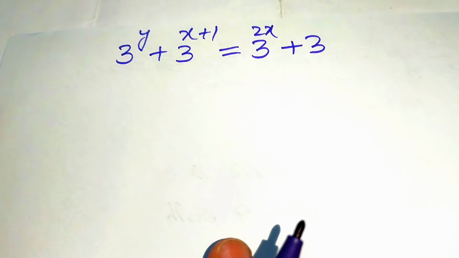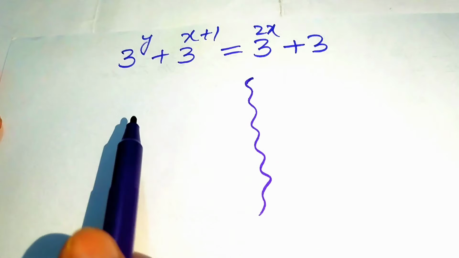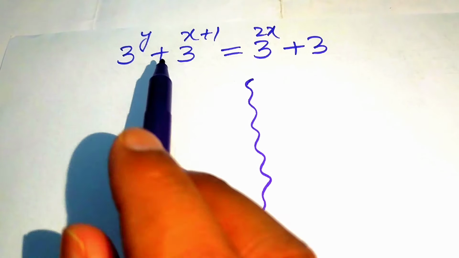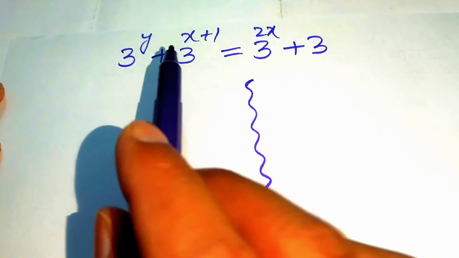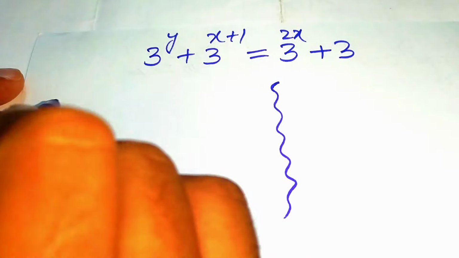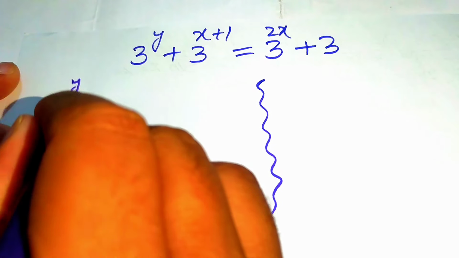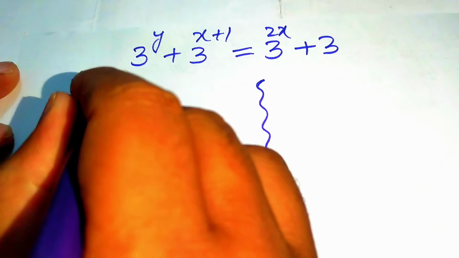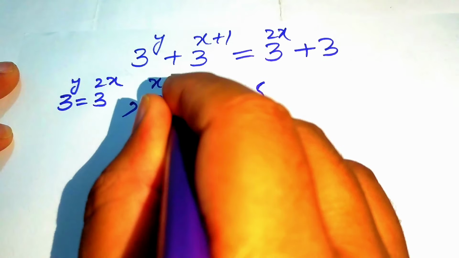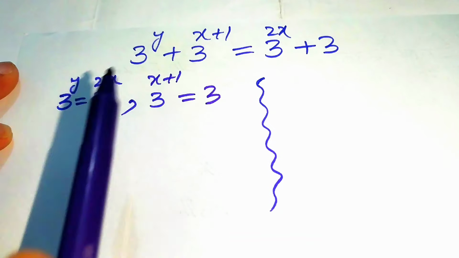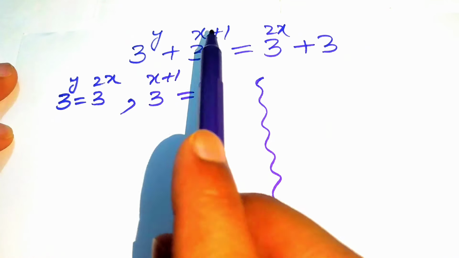So here we convert this equation into two cases. We just compare both of the sides. First case, we take 3 to the power of y equals 3 to the power of 2x, and 3 to the power of x plus 1 equals 3.